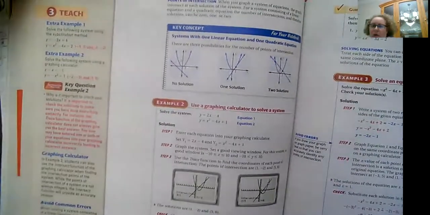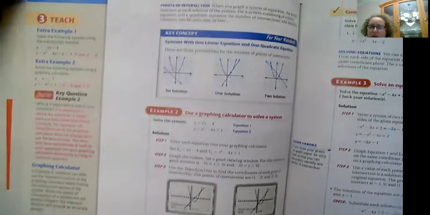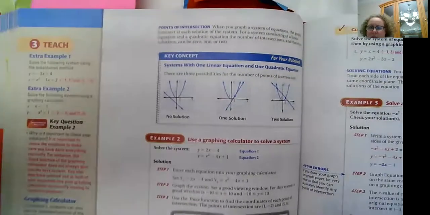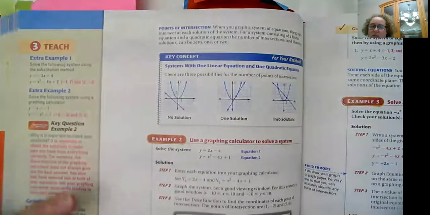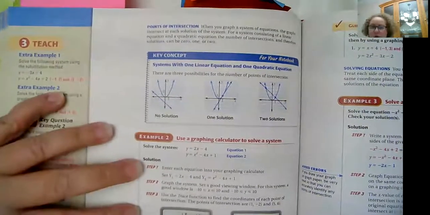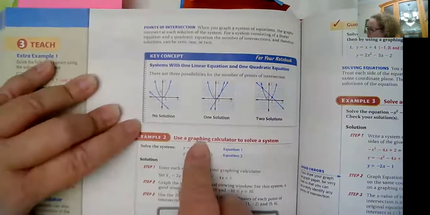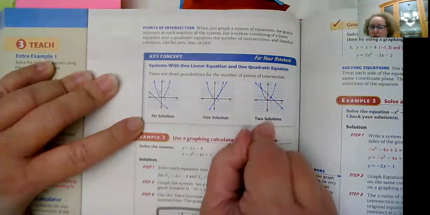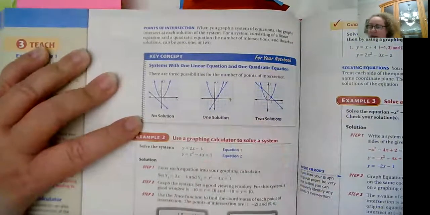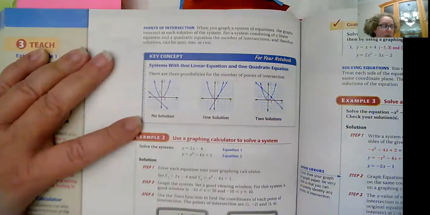Then I recommend that you pause the video or go back, log in to the textbook, and copy this key concept into your notes. So this gives you a visual of what happens when there's no solution, there's one solution, or there's two solutions. So the problem we just did gave us two solutions where x is equal to 0 and x is equal to negative 1.